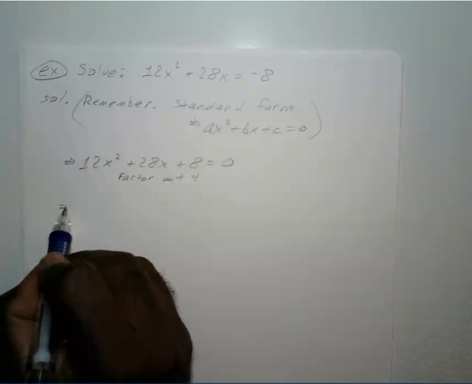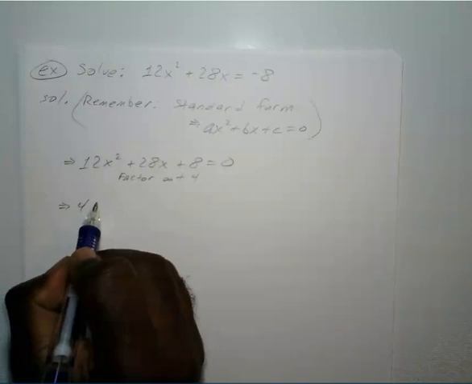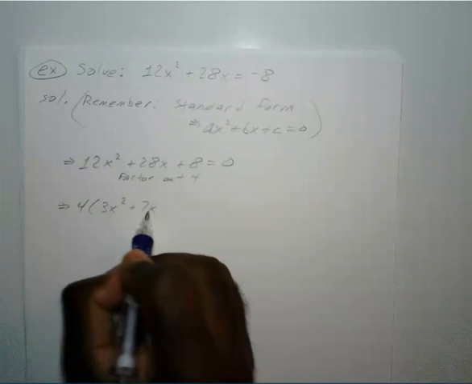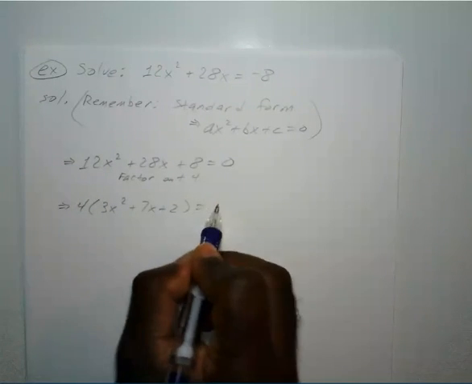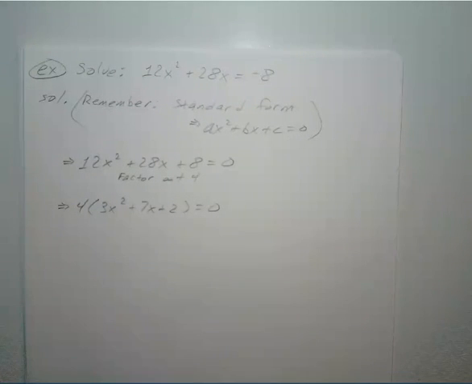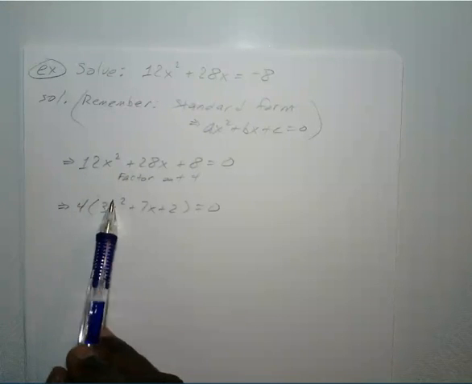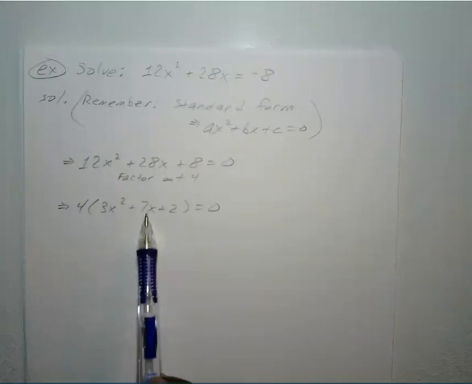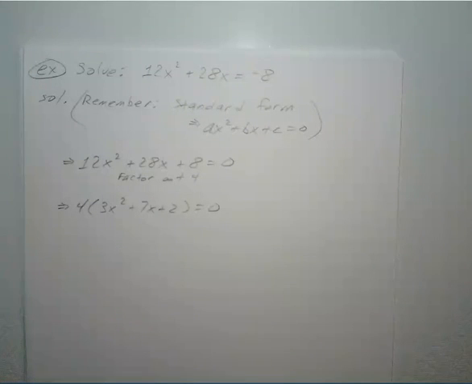So that would give us 4 times 3x squared plus 7x plus 2 equals 0. And you can always double check it by using the distributive property. 4 times 3x squared gives you 12x squared, and so forth and so on.